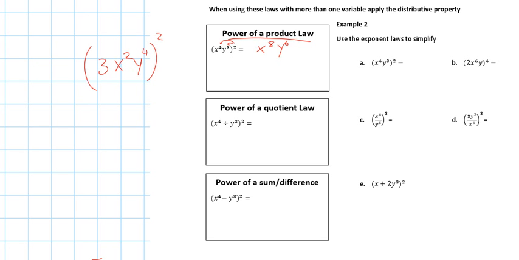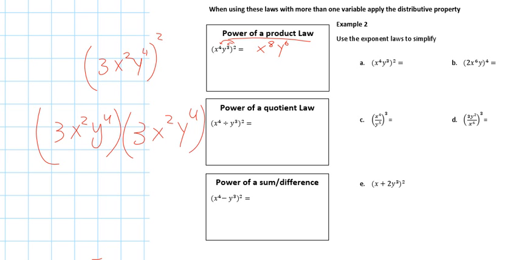I think so. I think so too, right? Because technically speaking, this is the same thing as writing 3x squared y4 times 3x squared y4, yes? And then if I want to simplify this, I have to multiply the 3 by the 3 because there's a multiplication there, right? And then I have to take the x and add the exponent, take the y and add the exponent, yes?